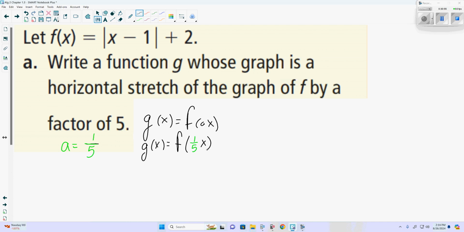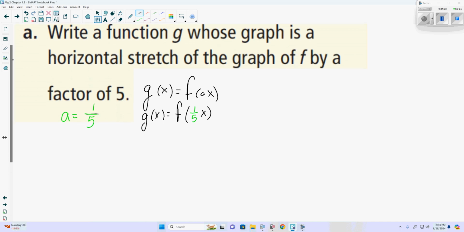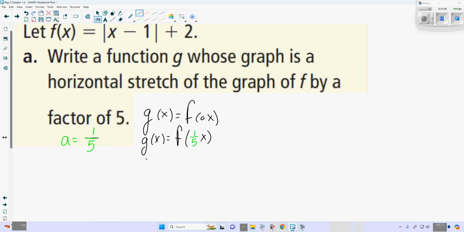So it gave us 5, but before we can plug it in, we have to flip it. So our value of A that we're actually using is 1/5. Now the only time we do have to flip this is when we're talking about a horizontal stretch or shrink. Vertical stretch or shrink, it stays exactly how it is.